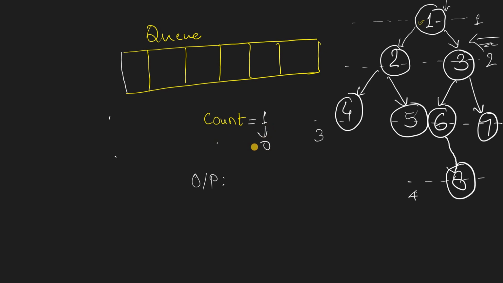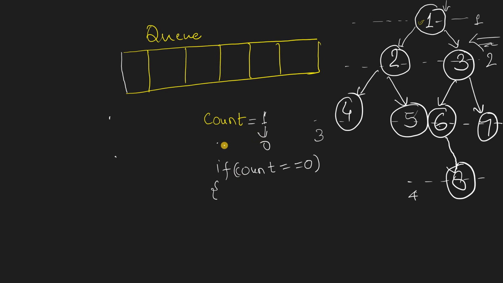0. And whenever our count is 0, so if count equals 0, we will print the value of the node.